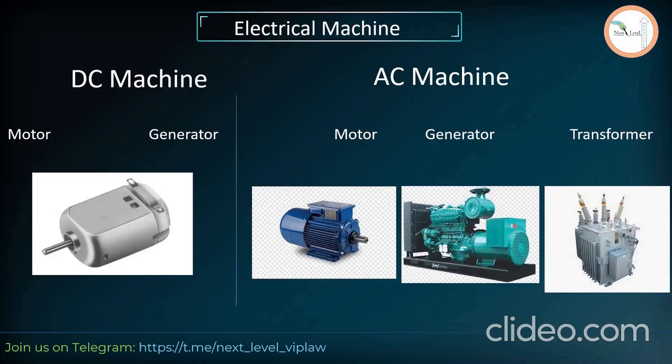But talking about the AC motor, we use both induction type and synchronous type. But the synchronous type is widely used in industries only, not in our home use, like in our household use.